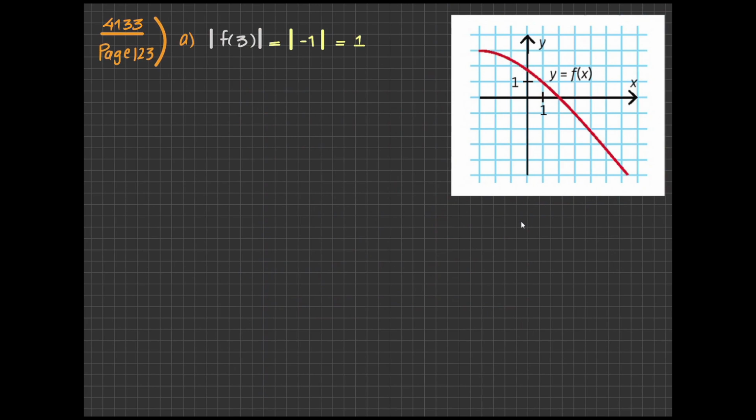But they have asked you to sketch the graph of the function, part B. We are supposed to sketch the graph of the function y equals absolute value of f of x. Yes, I want to sketch this one. Do you remember what is the rule for doing that? We discussed a little bit about it. Of course, if you have forgotten, it doesn't matter.